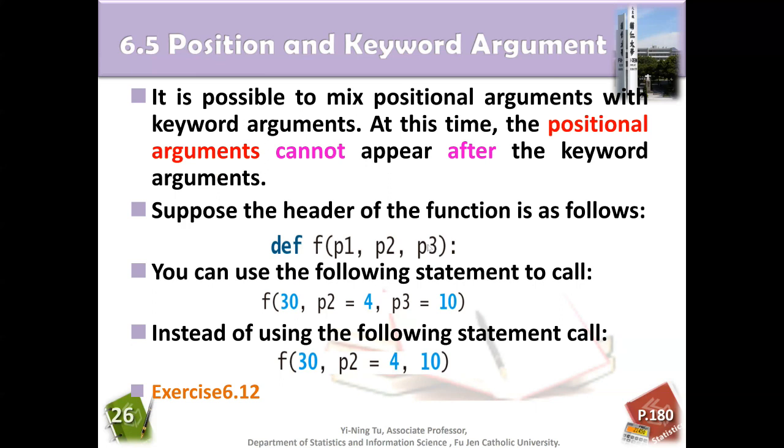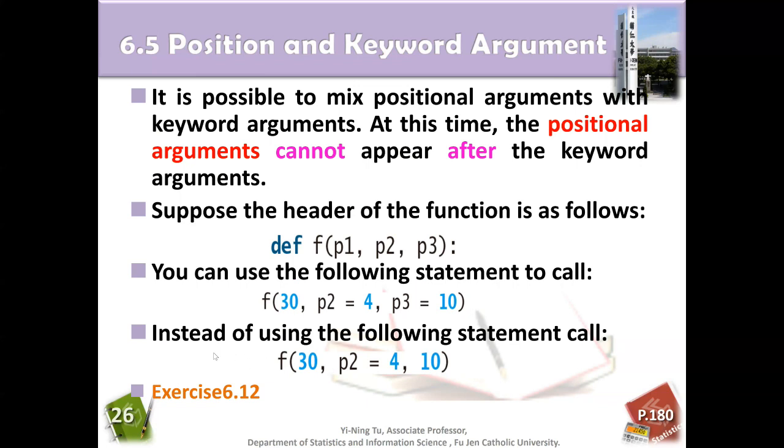When we use the function and assign the arguments to the parameters, by default the first one is P1, because the default is positional. But starting from P2, you use keyword arguments, which means you assign: 4 is assigned to P2, and then 10 is assigned to P3. We can do that.